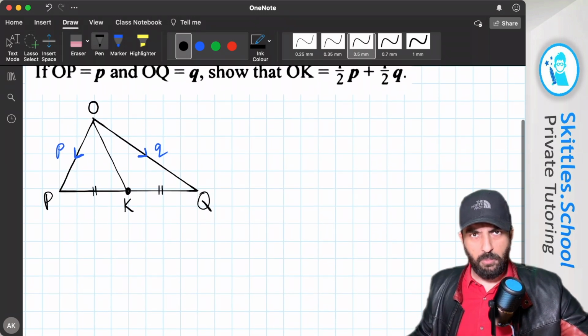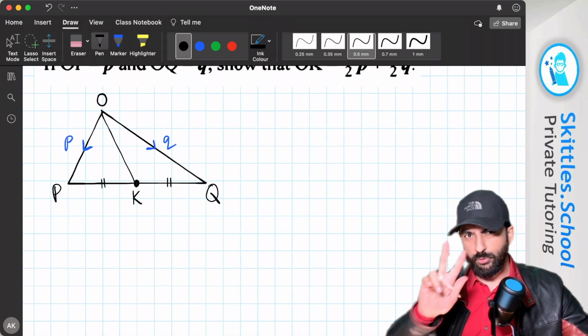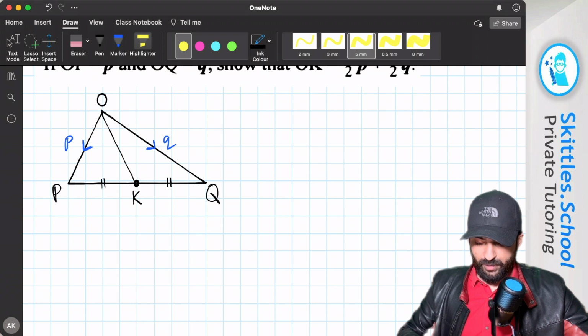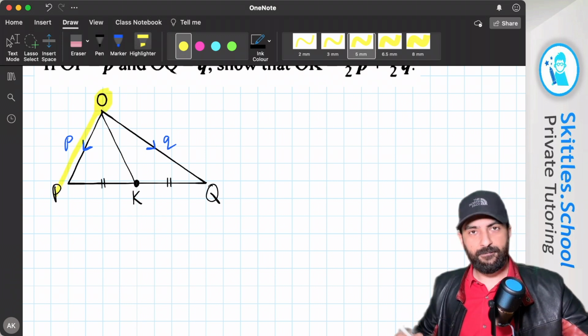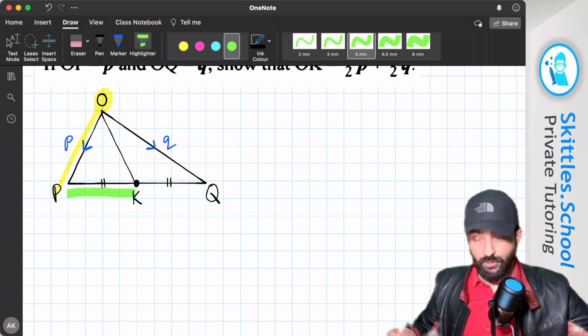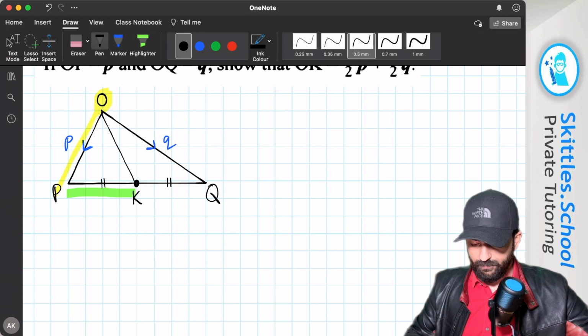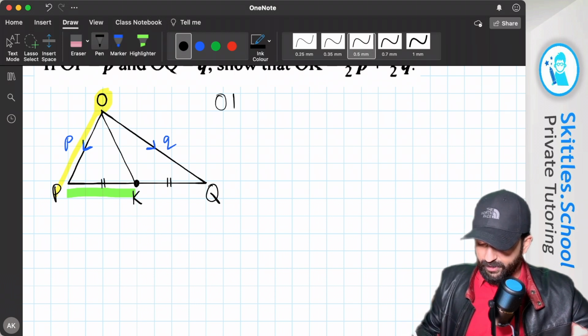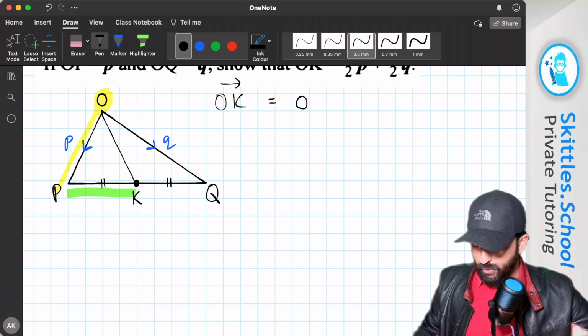So how do we get from O to K? Well, O to K is made up of two components. If we're starting at O, we need to travel along here to P, and then we need to travel from P to K. So those are our two components. So O to K is equal to O to P add P to K.